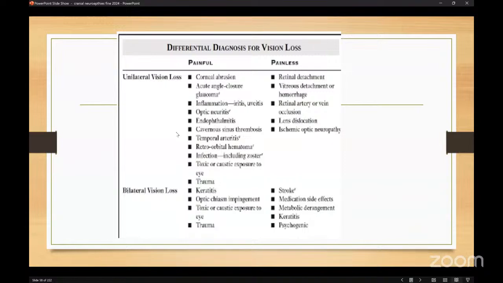These are the causes of painful unilateral vision loss. And painless, everything posterior: retinal detachment or vitreous detachment, CRAO or CRVO usually, and non-arteritic ischemic optic neuropathy. These are the causes of painless vision loss.